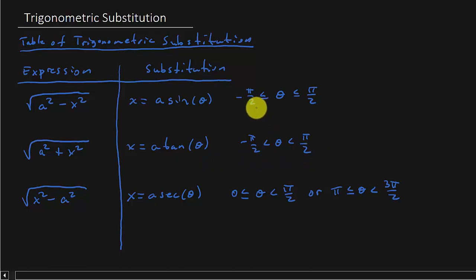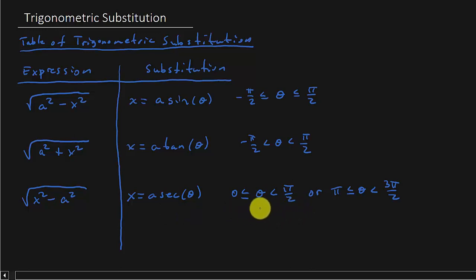And notice up here the negative pi over 2 and pi over 2 is included, but down here it's not. Tangent's undefined at negative pi over 2 and pi over 2. And then if we have the square root of x squared minus a squared, then we'll use the substitution x equals a secant theta, where theta is between 0 and pi over 2.